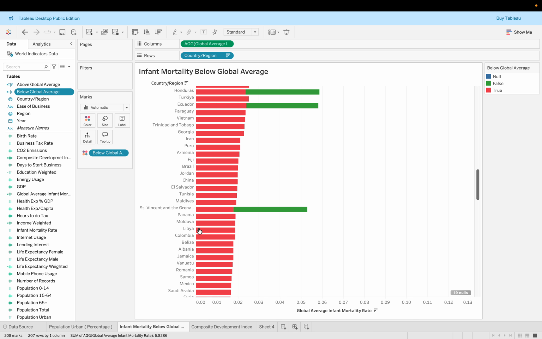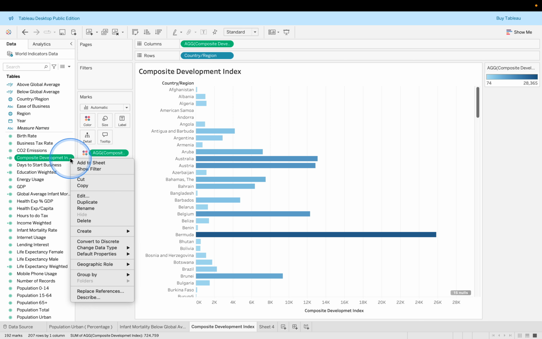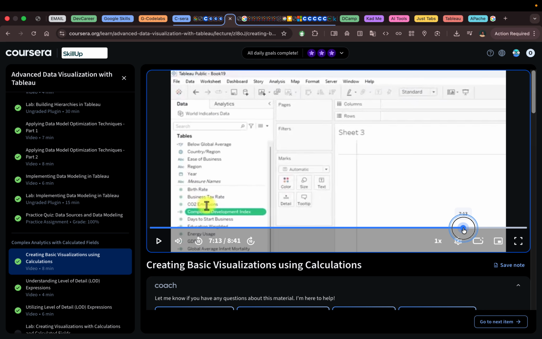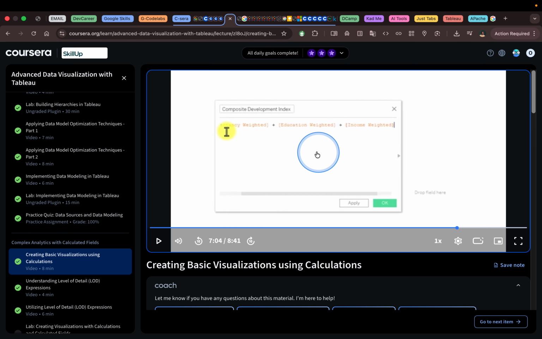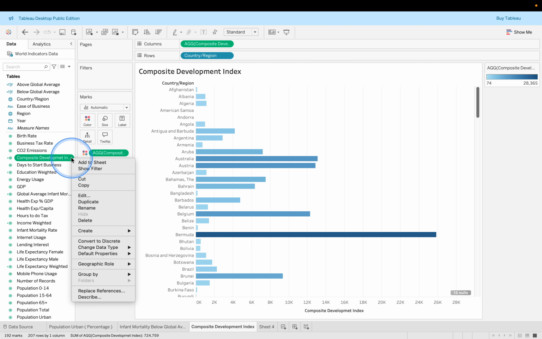Next we have the composite development index. This is a tricky one. For those who are taking this course, for the composite development index, what we have in the instructions is education weighted, income weighted, and literacy weighted.